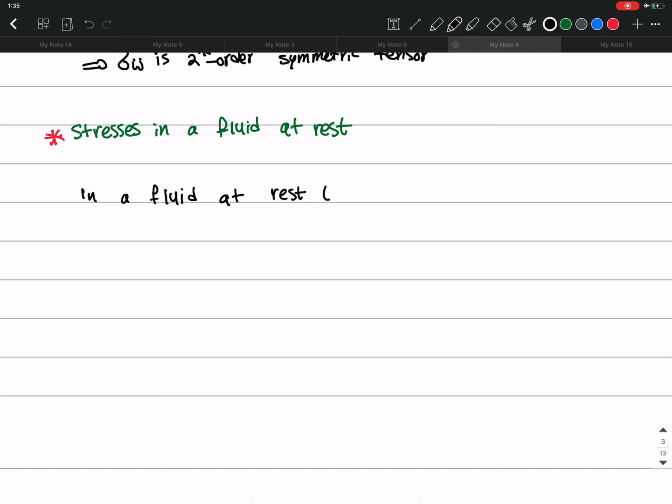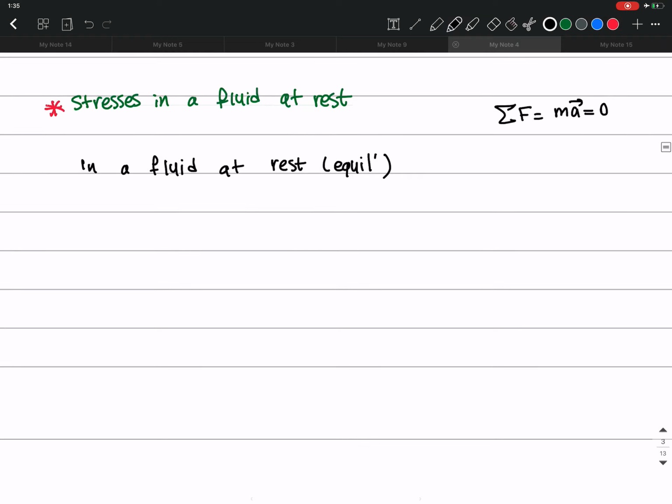Because we don't have any motion, based on Newton's formula, sigma F equals ma, this should be 0. So there is an equilibrium of the forces. There is no force that is dominant and accelerating the flow, right?